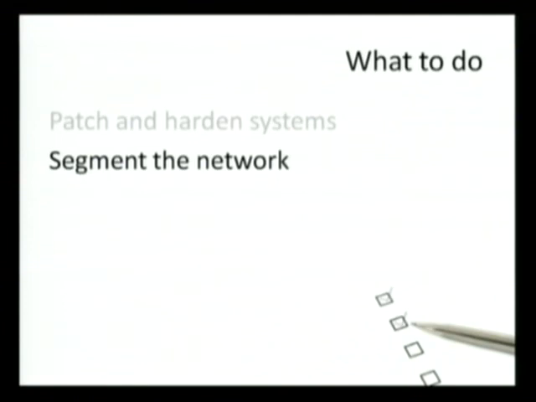When there's actually some segmentation, what you more often than not see is that there's no filtering between segments. So there's a nice client segment, and there's a nice server segment, and maybe some other segments, but there's no firewall between them, so they can talk freely as well.